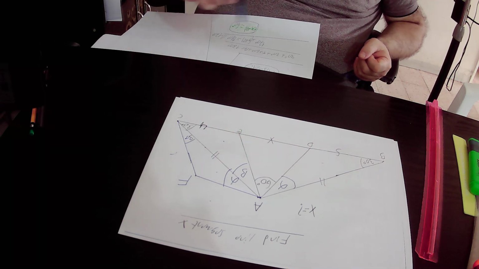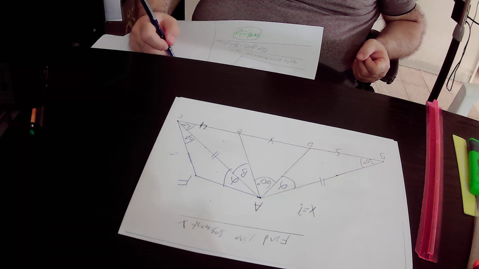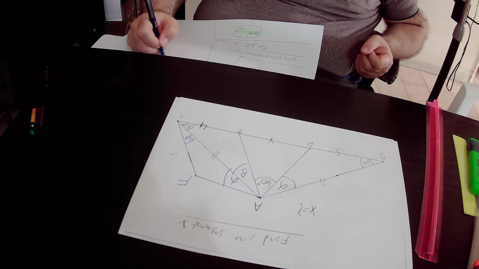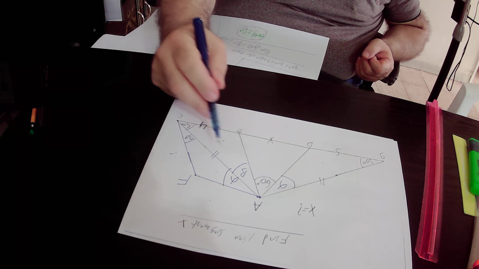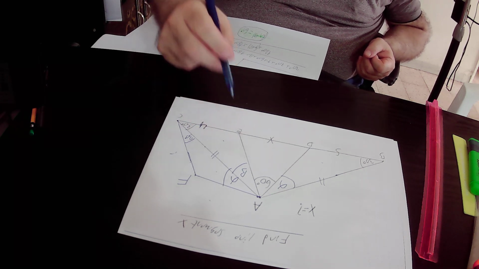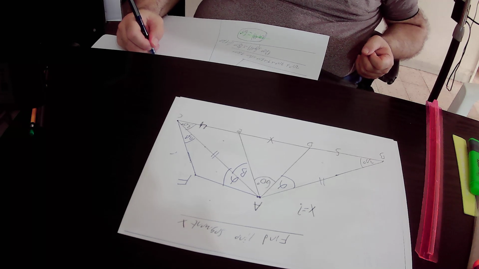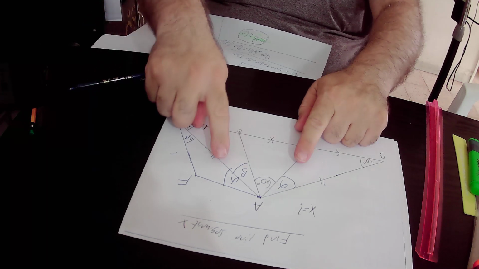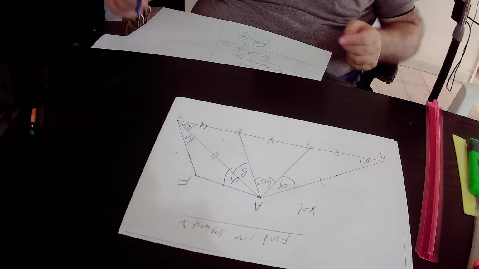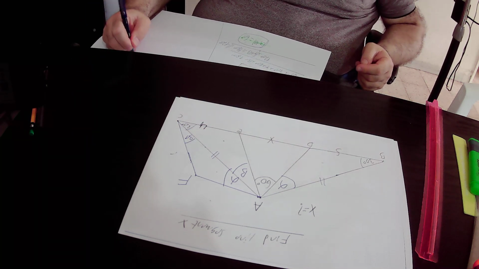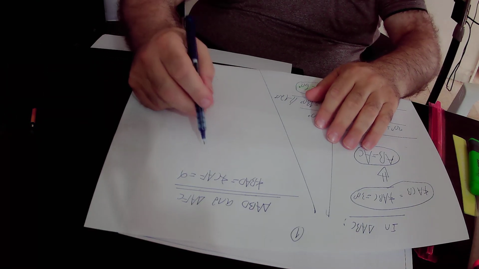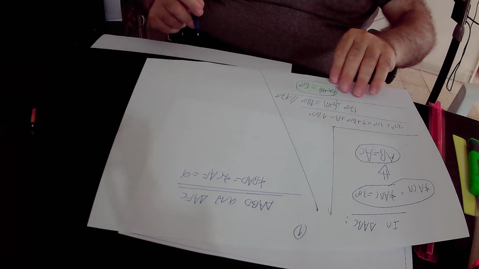So we can write down that angle BAD equals angle CAF, and both angles are equal to alpha. Repeat again, angle BAD equals angle CAF equals alpha.